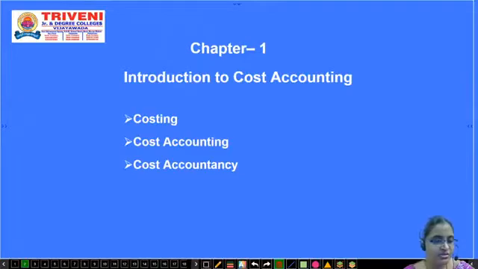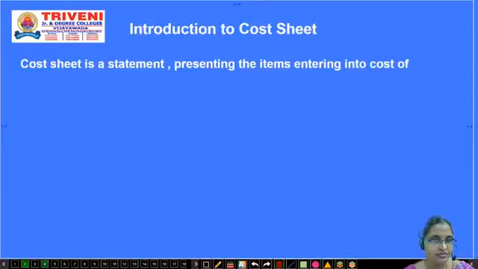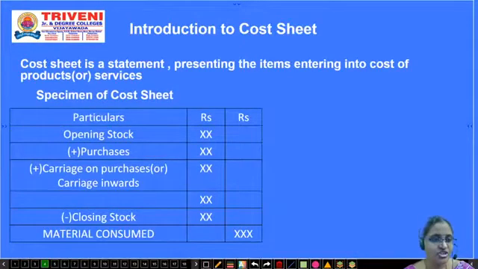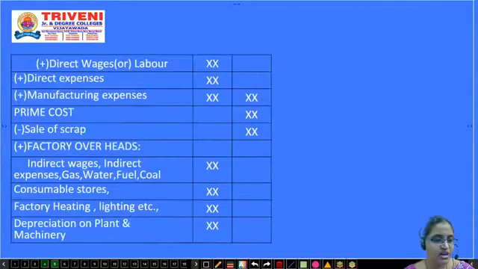After that, you see the cost sheet. Opening stock plus purchases plus carriage on purchases minus closing stock, you get the material consumed. With the material consumed, you add the direct expenses and get the prime cost. You take only the minus of sale of scrap, but profit or loss is not considered.